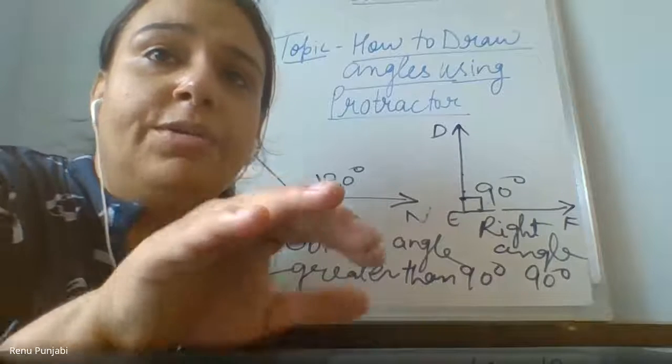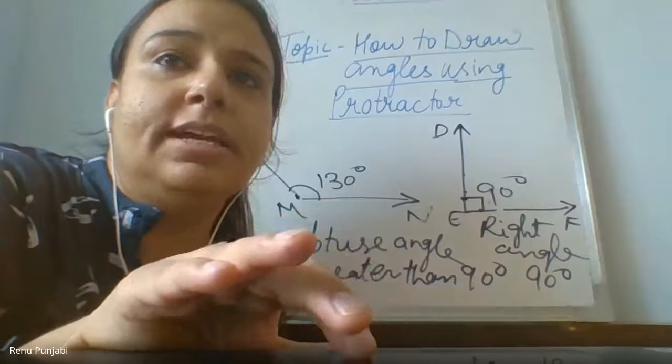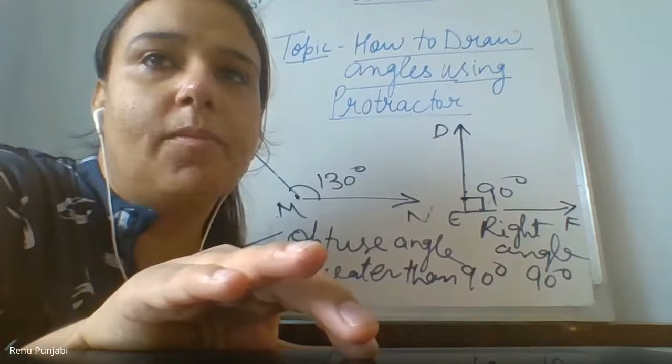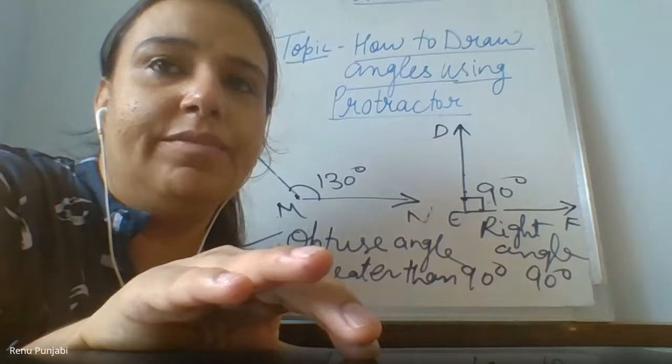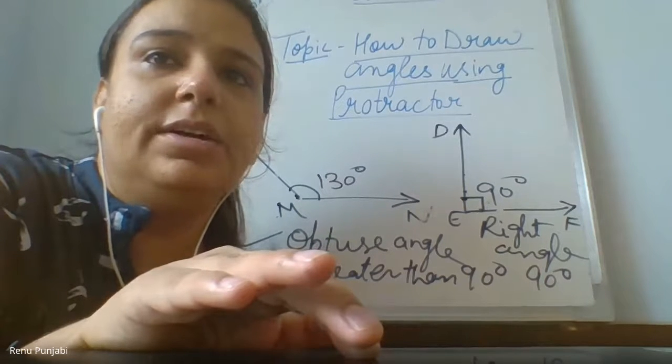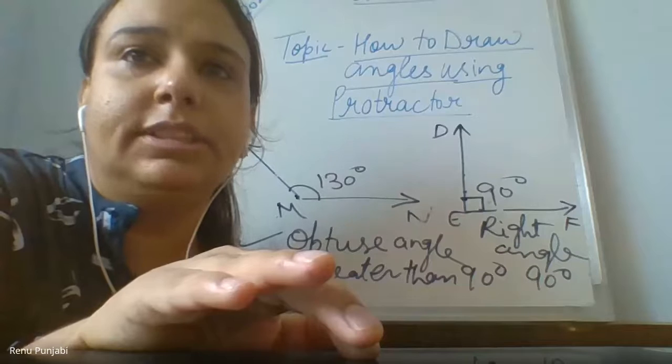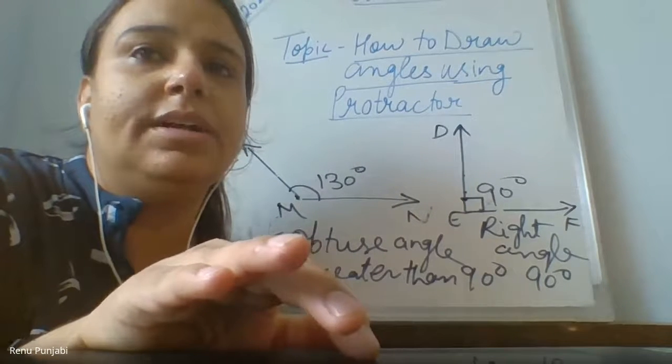Ma'am, I need to pin Twisha. Twisha is chatting something in the chat. So what have you written, Twisha? It's not coming clearly, what you have numbered. Have you written 70 degree or something? That is not clear to me.